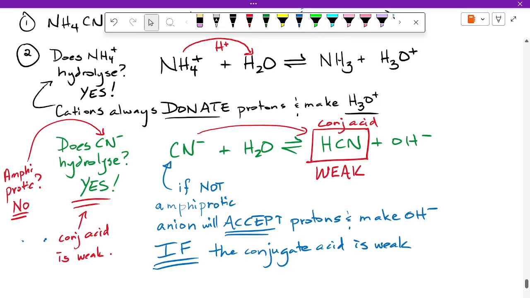So now we are in a situation where we have made hydronium and we have made hydroxide. Is this solution acidic or basic?